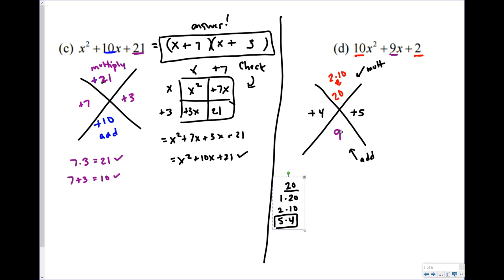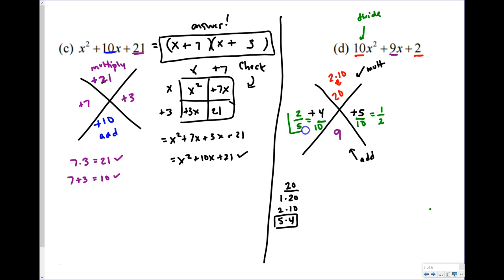But my last step, I can't forget, is I have to now divide each of these by my start, 10. So I'm going to divide each of them by 10, and I'm going to simplify. 5 divided by 10 gives me 1/2, and 4 divided by 10 gives me 2 over 5.